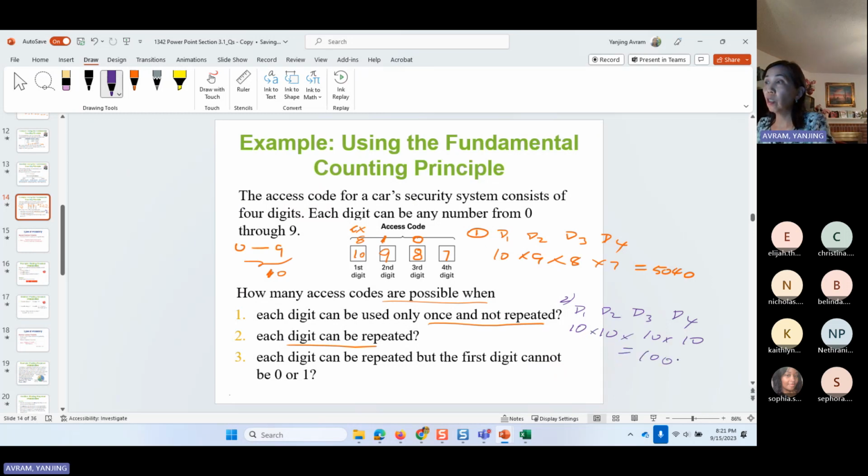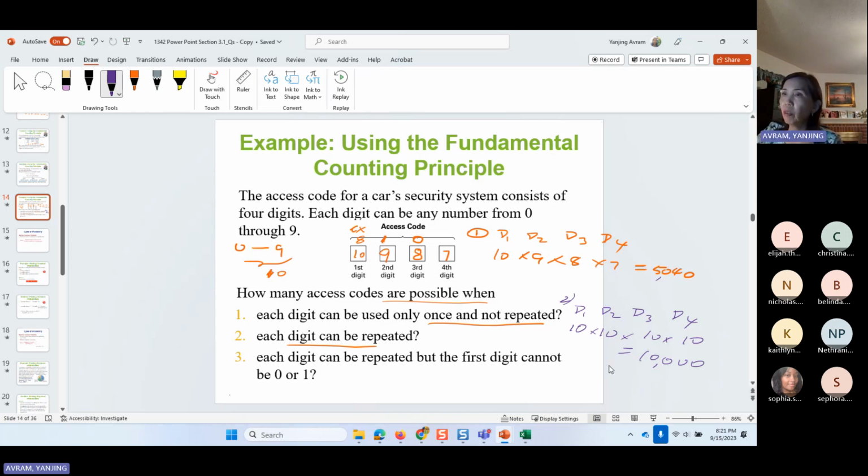So that is 1, 2, 3, 4, four tens multiplied. So that's 10,000. Look at it. If I cannot repeat, I only have 5,040 choices. If you can repeat, everyone can have 10. All right, so four tens multiplied together is 10 to the 4th power, right? So that's 10,000.